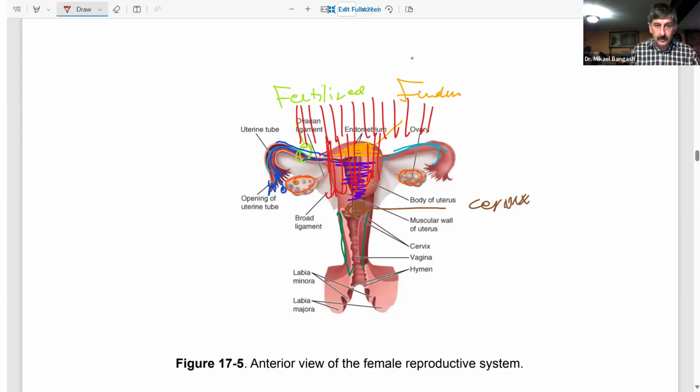That peritoneum will come and run on top of the uterus, and actually run down a little bit on the anterior side of the uterus as well.